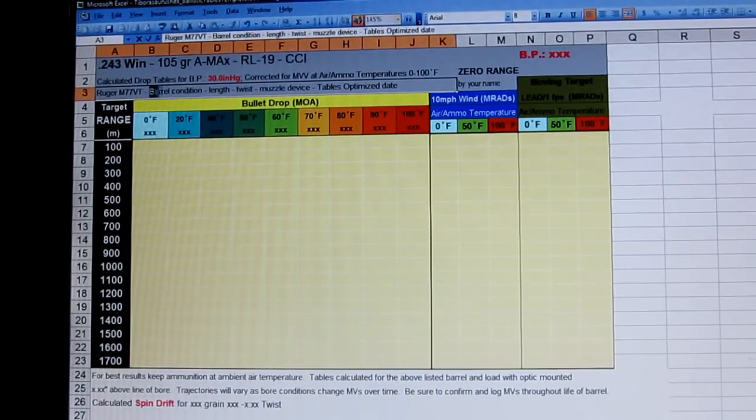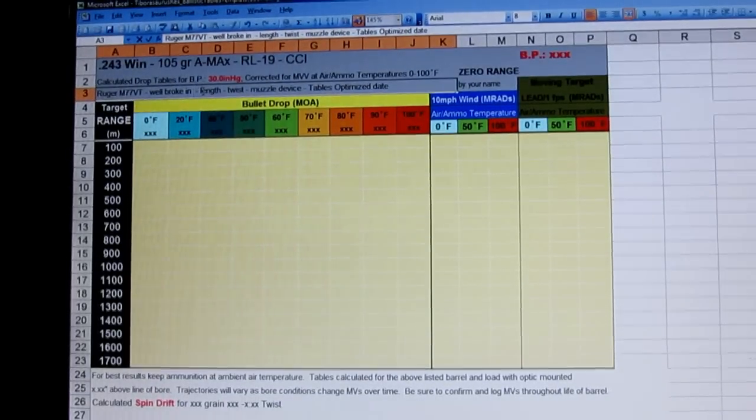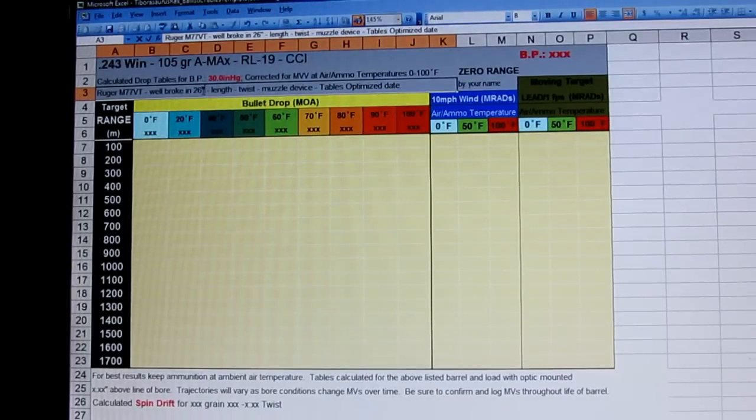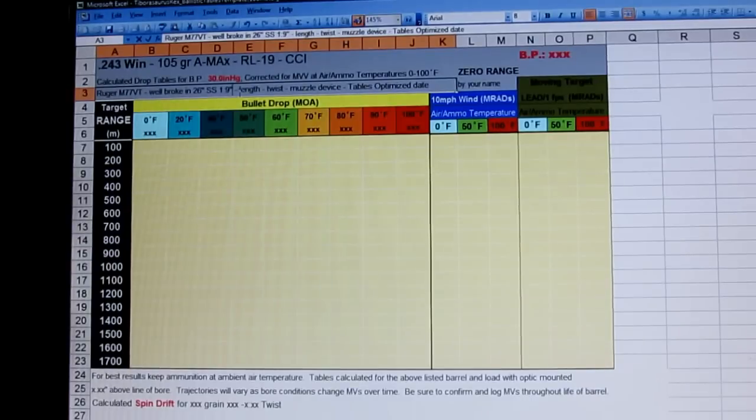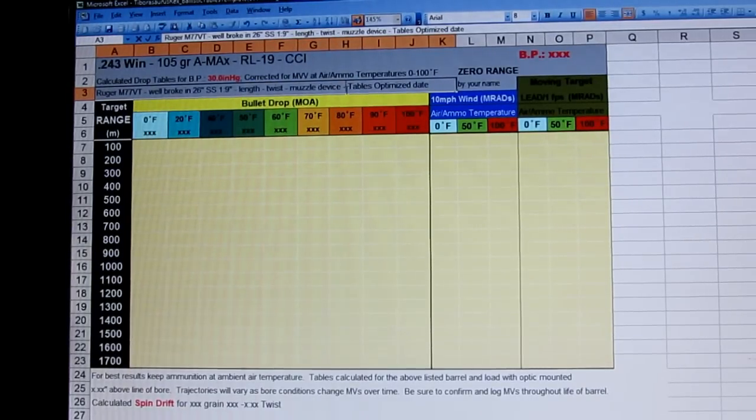Barrel condition, well broken in, 26-inch stainless steel barrel. I believe, if I'm not crazy, it's a 1 in 9-inch twist. That's something you'd want to look up if you don't know that for sure. Okay, so there's a length, twist, no muzzle device.